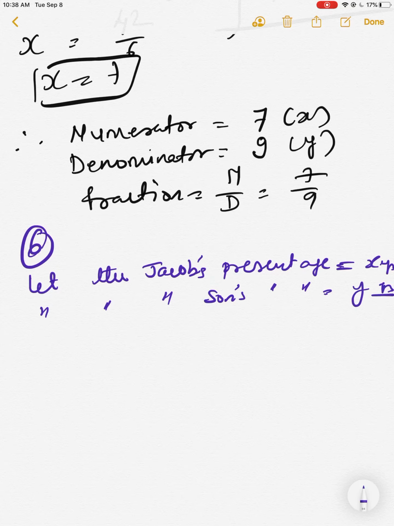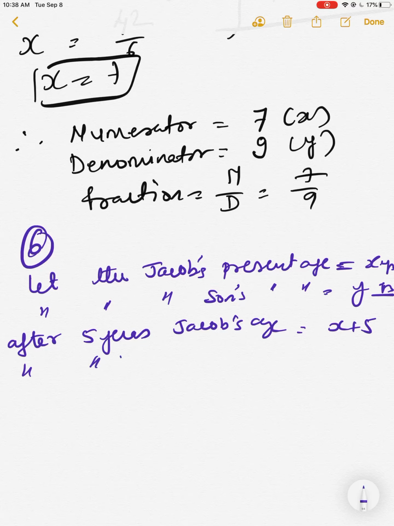Now 5 years hence means after 5 years. For example, we are now 14, after 5 years it will be 19. Similarly, next we have to write after 5 years: Jacob's age is equal to x plus 5, and after 5 years Jacob's son's age is equal to y plus 5.